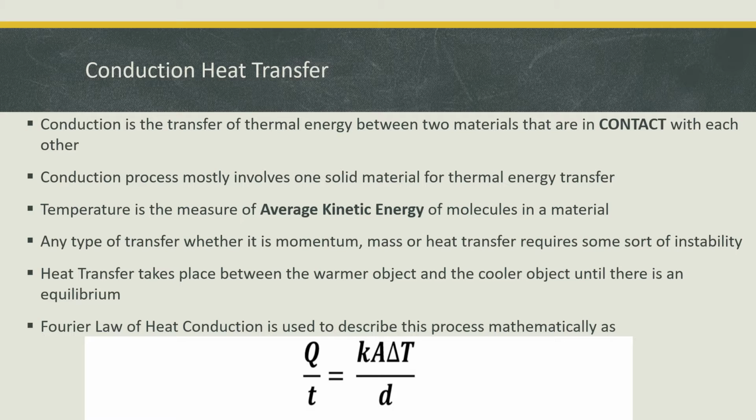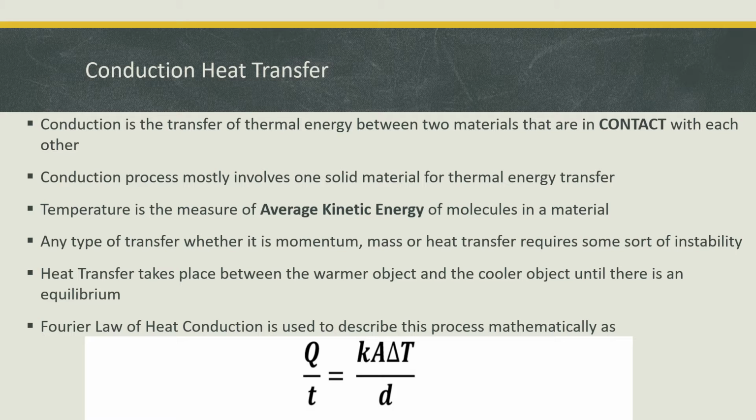So to transfer heat, there must be a shift in the equilibrium point. If there is equilibrium, there will not be any transfer taking place. So in order to have heat transfer, we must have two different materials with a difference in temperature.